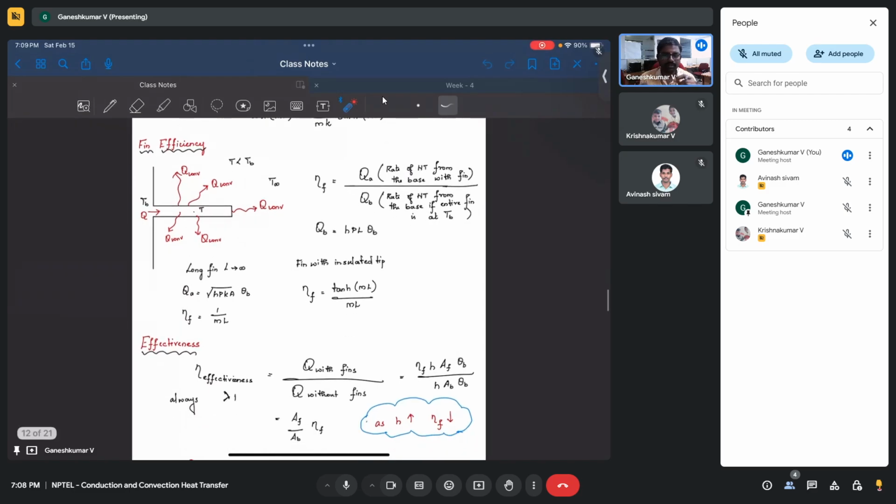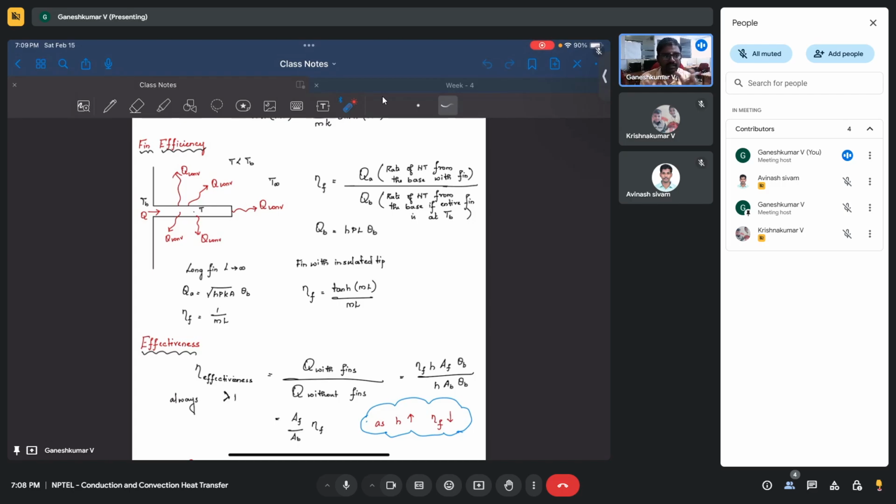We also saw there are two performance parameters for a fin. How will you quantify the performance of a fin? That is based on fin efficiency and fin effectiveness. In fin efficiency, let's say I have a fin, and it talks about the conductive heat transfer inside the fin.